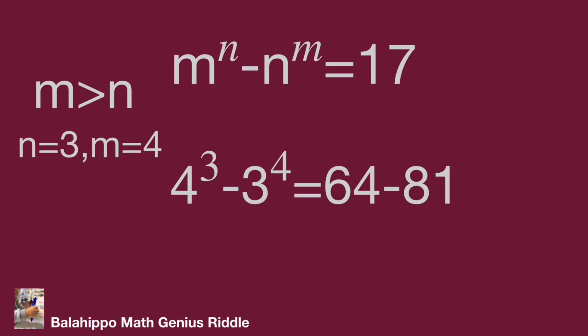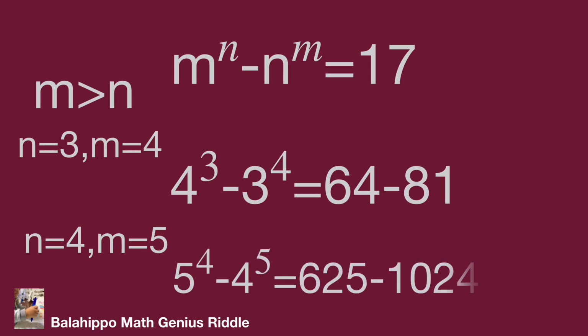It is a negative value, not a solution. While n equals 4 and m equals 5, we get 5 to the power 4 minus 4 to the power 5 equals 625 minus 1024. It is not equal to 17.